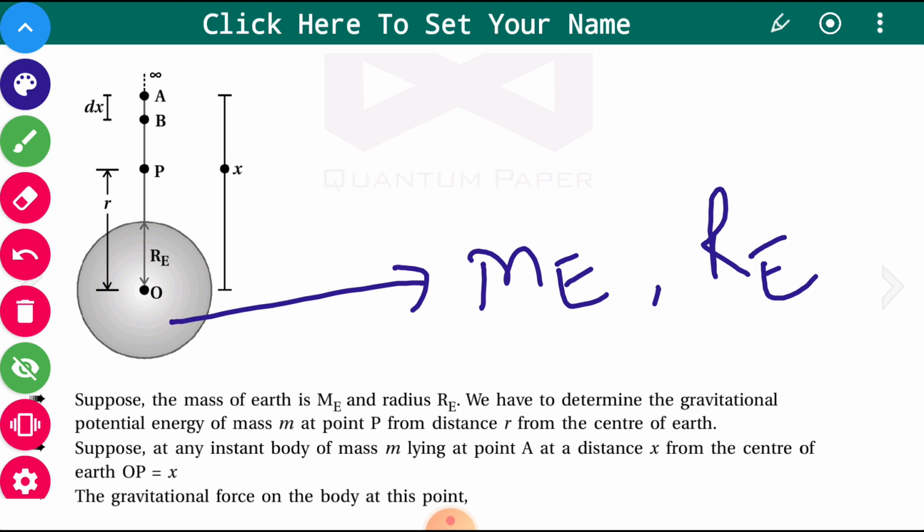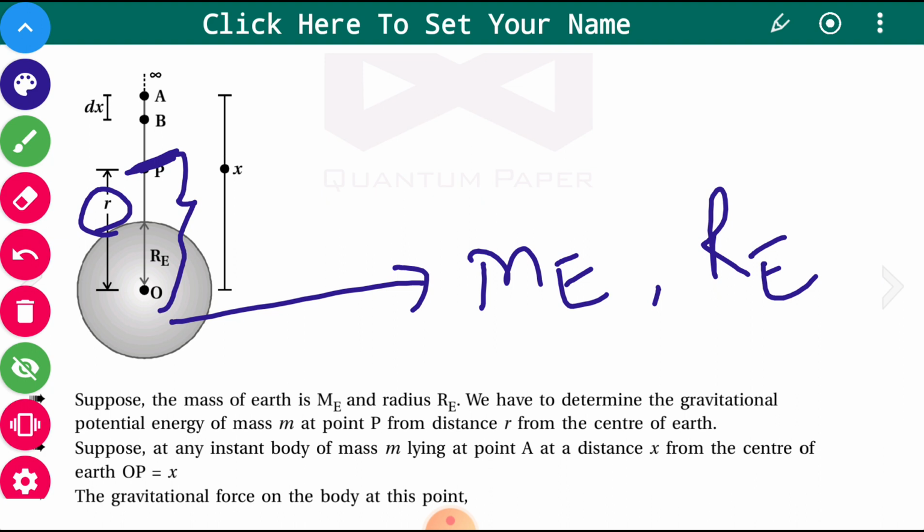You have another object of mass m, which is situated at some point, say at point P, which is situated at distance r, that is small r, from the center of the earth.